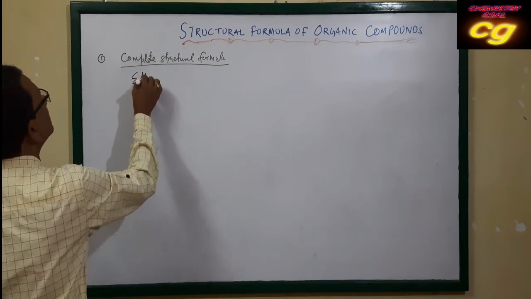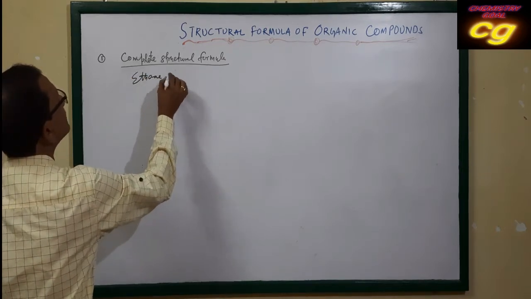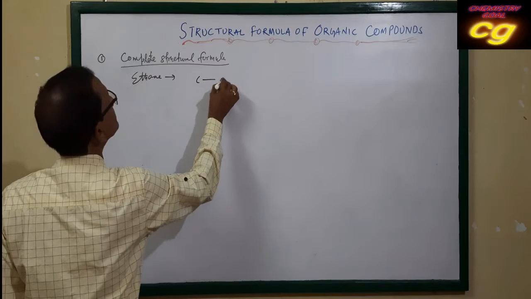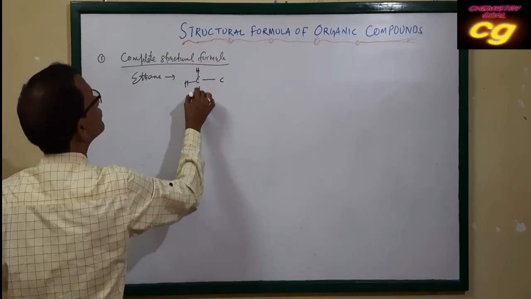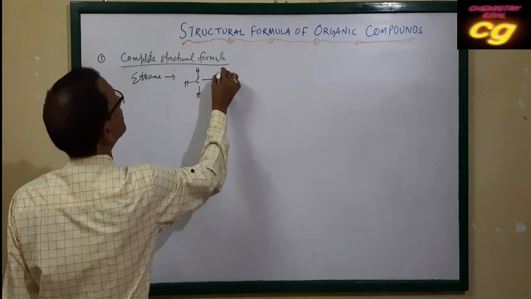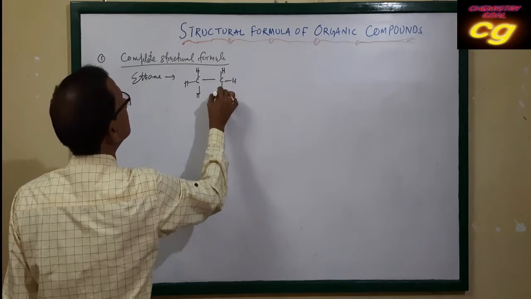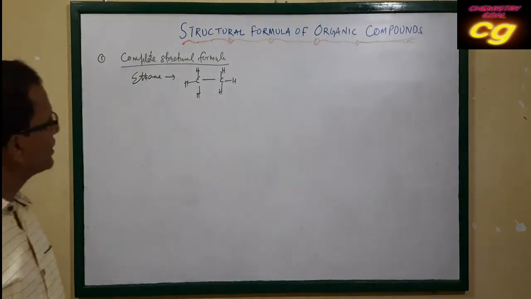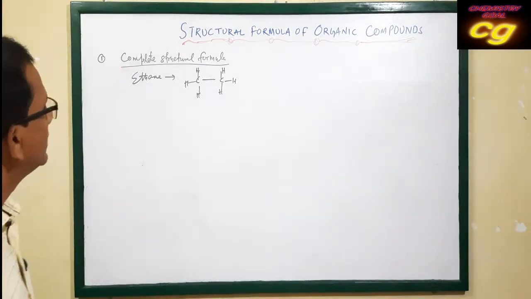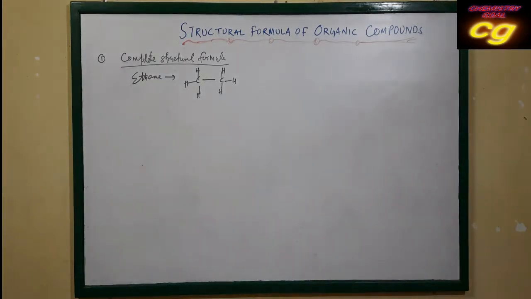If you write ethane, it can be written like this. This is called the complete structural formula, showing all bonds present in the molecule, all atoms, showing the different bonds represented in the molecule.